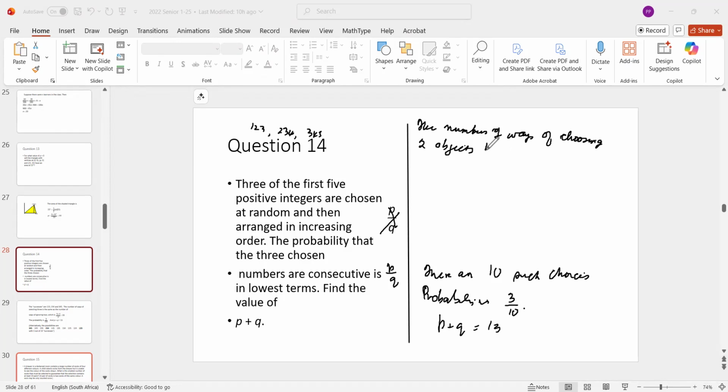Two objects from n objects. That's why it becomes a formula, because no matter what n is, you can write it down straight away: n into n minus 1 over 2. Yeah? Now, just remember that my answer was 13.